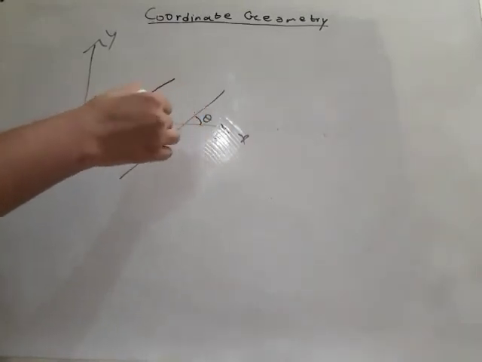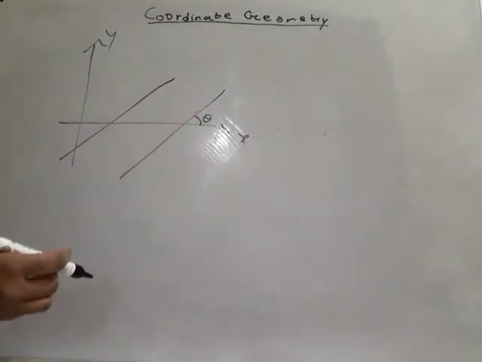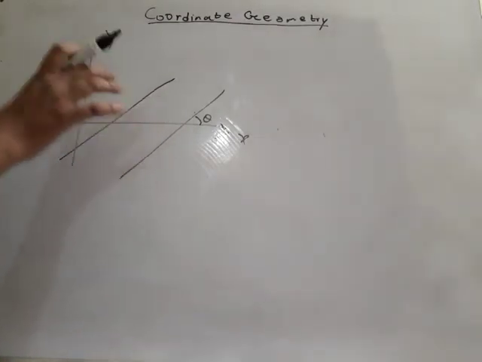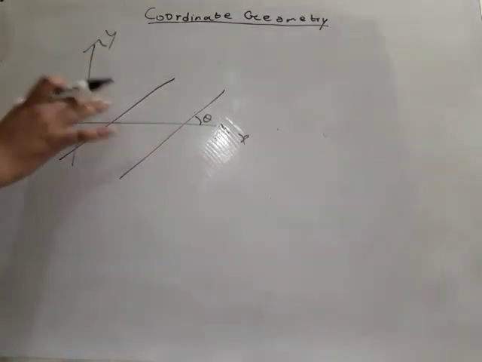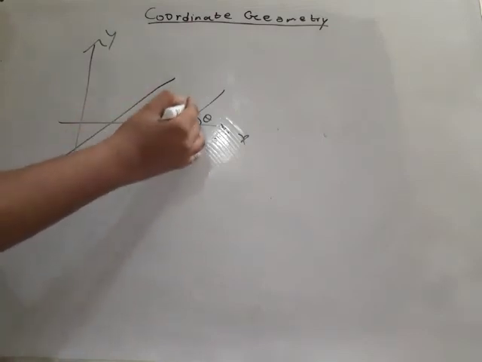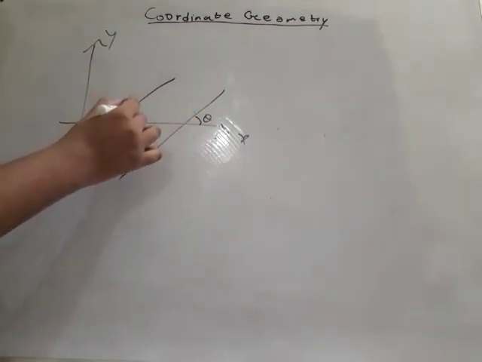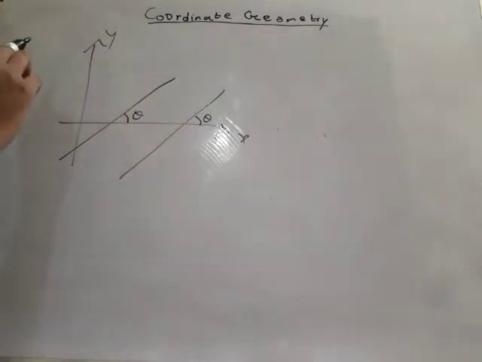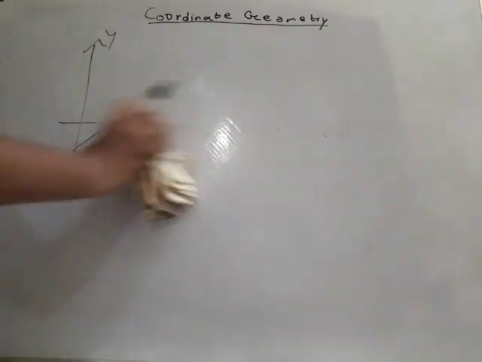Since these two are parallel, we have seen in class 10th that if one line intersects two parallel lines, then the corresponding angles are equal. So this will also be theta. So tan of theta will be same for these two lines. So slope is same. For two parallel lines, slope is always same.